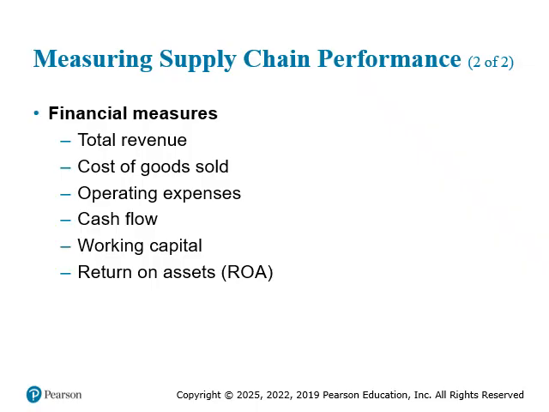We can have a huge influence on cost of goods sold. And that in turn frequently will drop right down to the bottom line. So, huge point of leverage in supply chain management. Operating expenses, cash flow, working capital, return on assets, all of those are influenced by supply chain design and also the way we manage a supply chain.